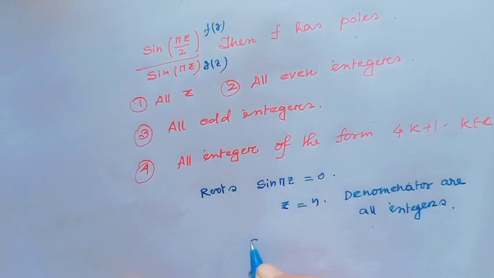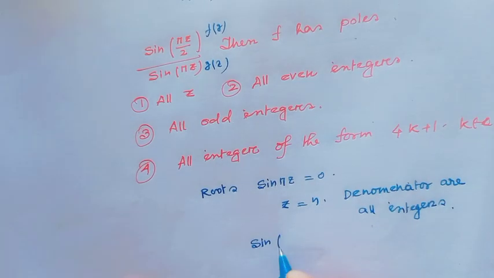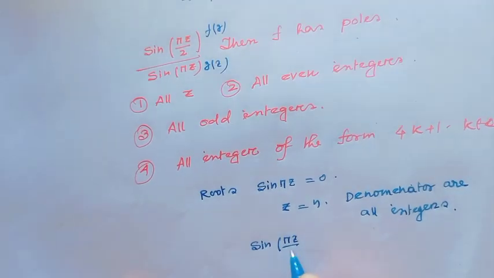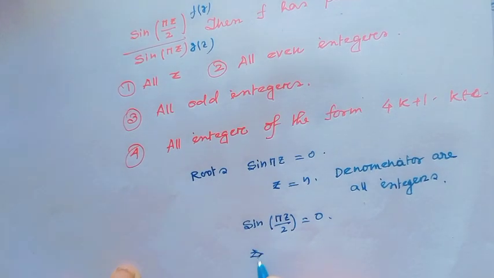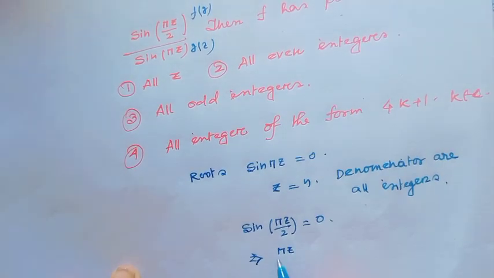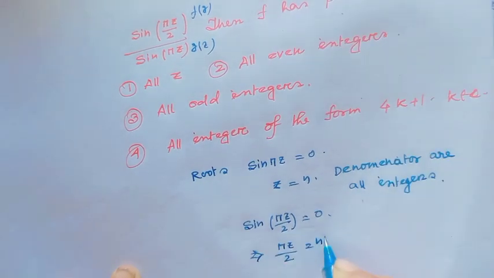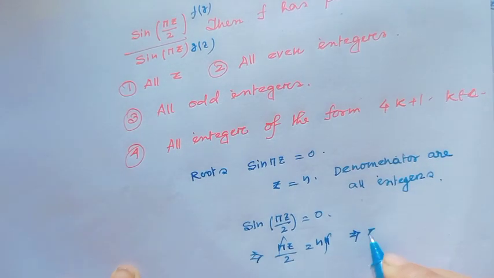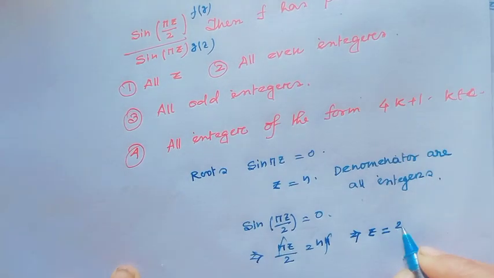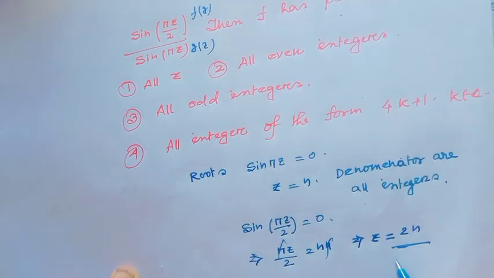The numerator sin(pi z over 2) equal to 0 means pi z over 2 equal to n pi; pi is cancelled, so z equal to 2n, which represents all even integers.